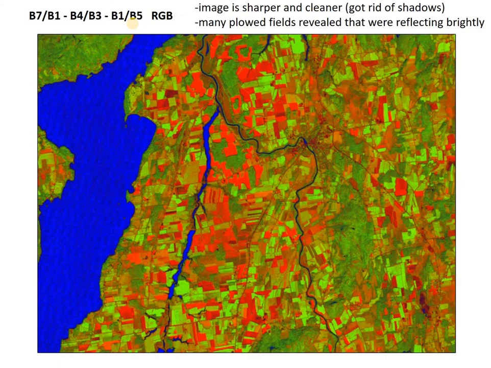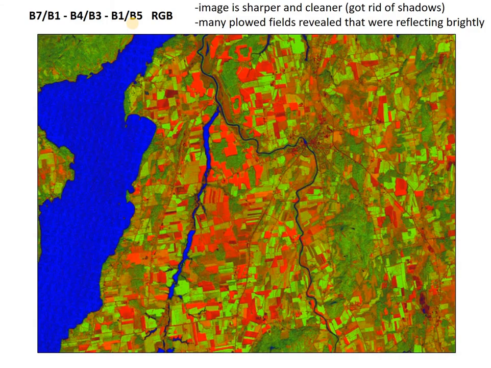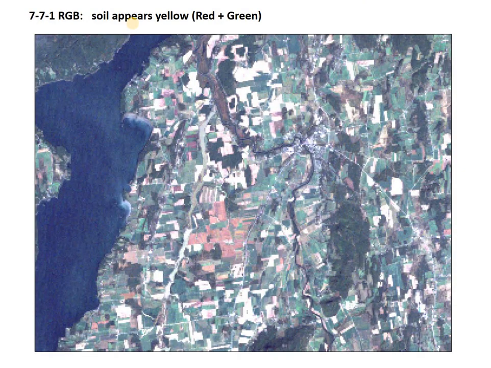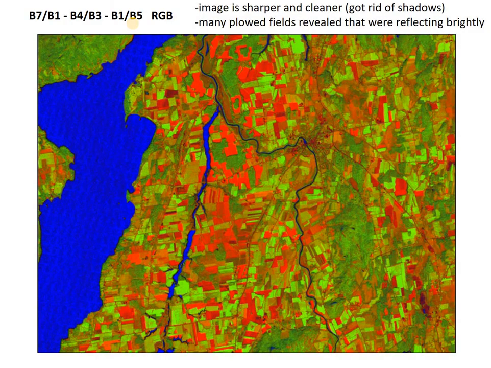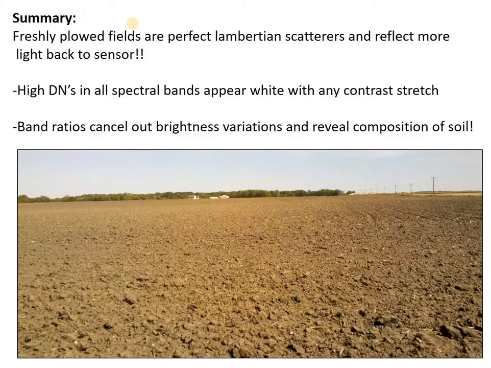Notice any field with a lot of bare soil is now looking red, including all of the white fields that had been completely saturated, where we hadn't been able to see what was going on with them. So, what happened here? How does our story end up?